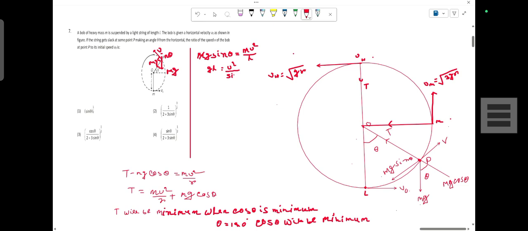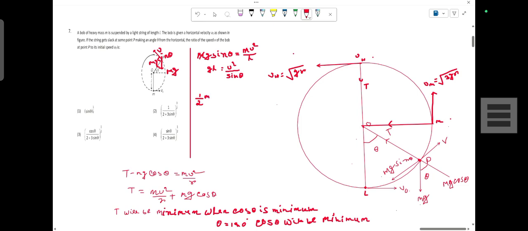That is sin theta. Okay, now from conservation of energy, here only the kinetic energy will be there at the lowest point, where the velocity is v naught.